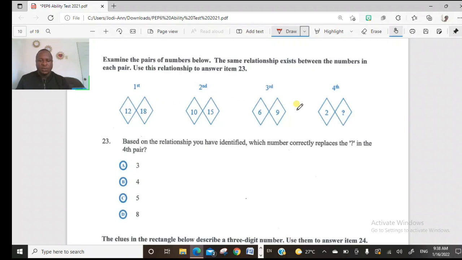But what you can do is use ratio to help you solve this one, by using just the first pair and the fourth pair. So you have 12 going to 2. What can bring you to 2 from 12? You have to divide by 6, right?